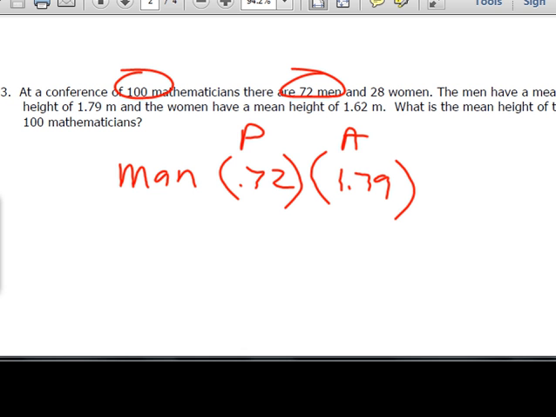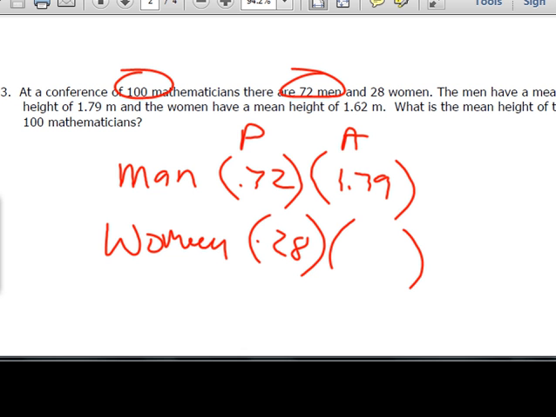That times that, and then you take women. Same idea, 28% chance of women, and the amount of height they have on average. When I do P times A and add it all up, I get my expected value, which tells me about how tall the average mathematician at this conference should be.